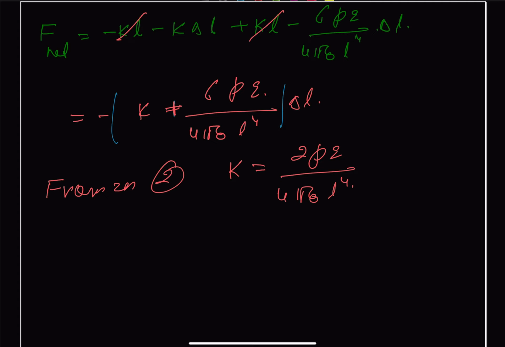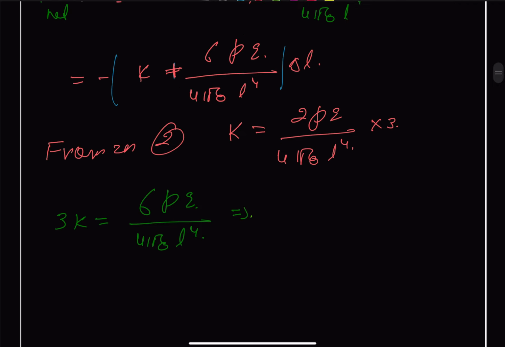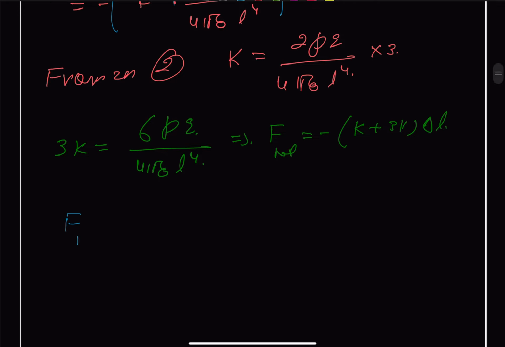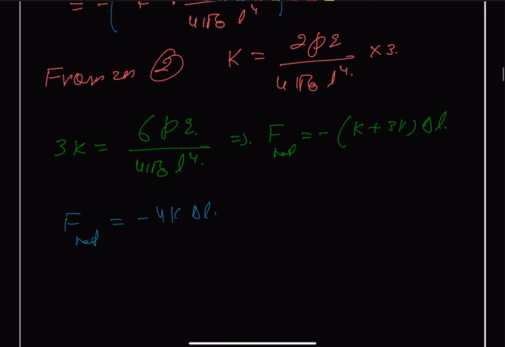Therefore, if we multiply both sides by 3, we get 3K is equal to 6pq upon 4 pi epsilon naught L raised to power 4. Now we can easily solve our F net. F net is equal to minus (K plus 3K) multiplied by delta L. So we get our F net is equal to minus 4K times delta L.